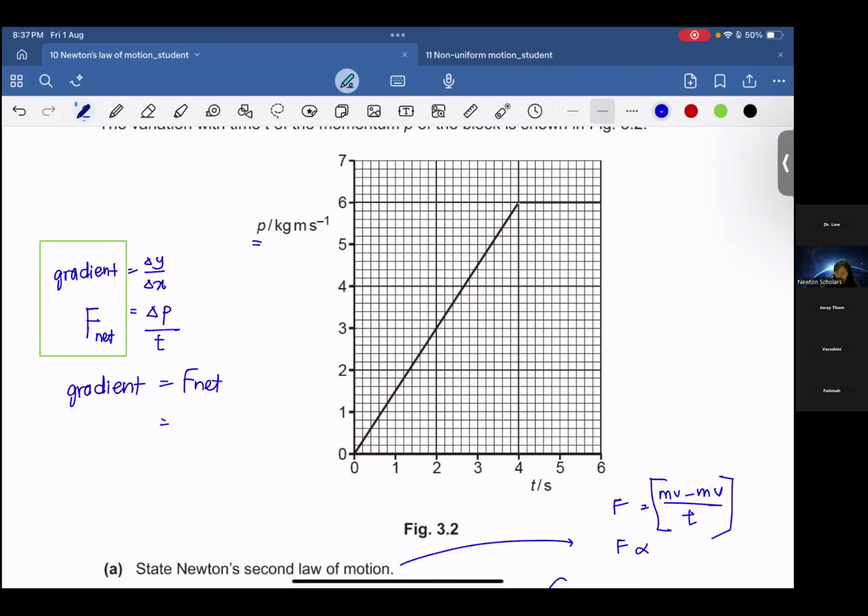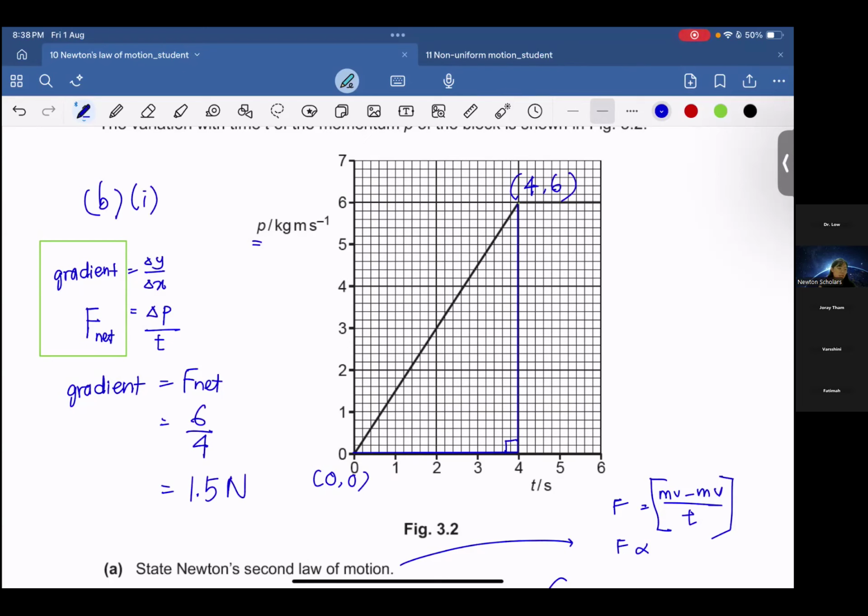Let's say I use this big triangle. This point will be 4, then 6, and this one will be 0, 0. So that means 6 divided by 4, I will get 1.5 Newton. This is the answer for B1.